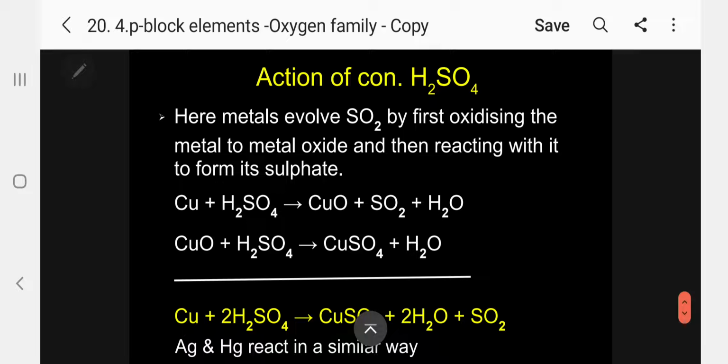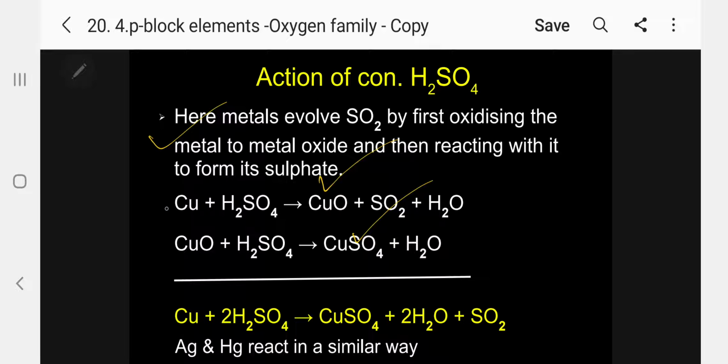Kindly follow. That is just information. Under the action of concentrated sulfuric acid, these metals evolve sulfur dioxide by first oxidizing the metal to metal oxide and then reacting with acid to form its sulfate. So what will happen now?